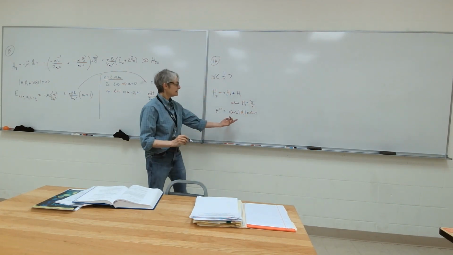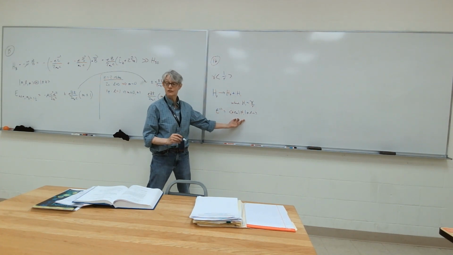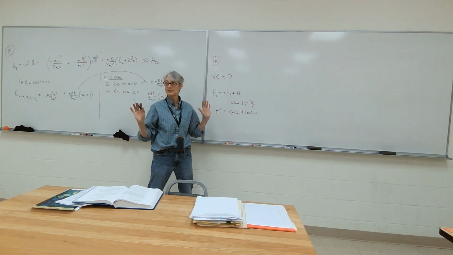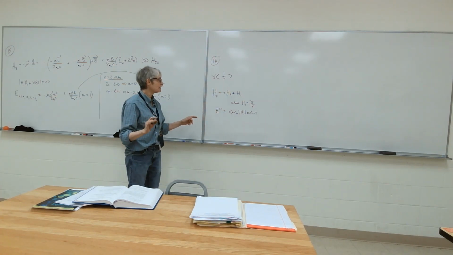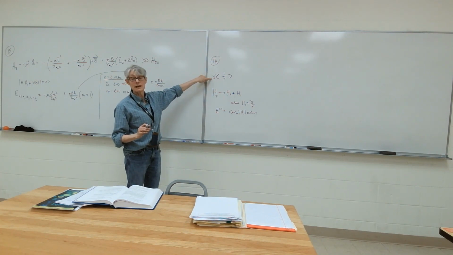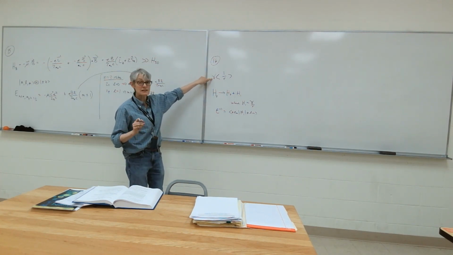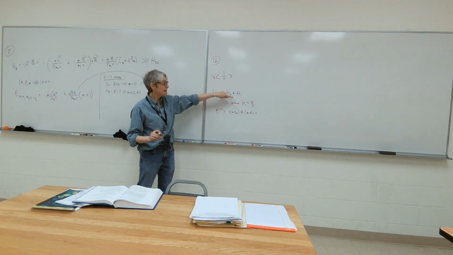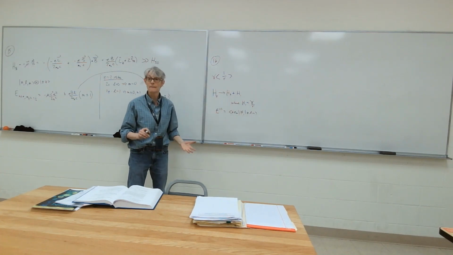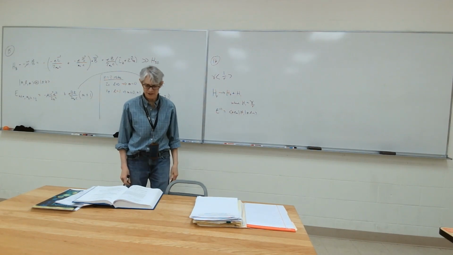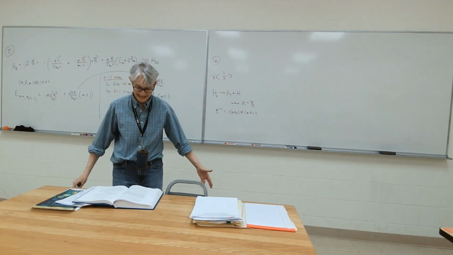So you can see that this is in fact the average value of 1 over R. It's the same thing: if what we want to find out is an average value of 1 over R, that's the same as saying I want the first order correction to the energy if H1 is proportional to 1 over R. I hope that's clear. I said it as clearly as I could.